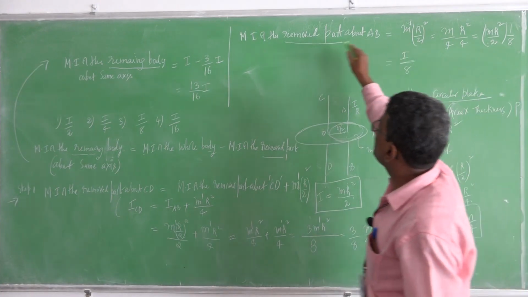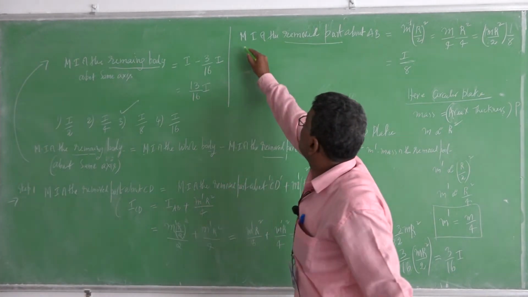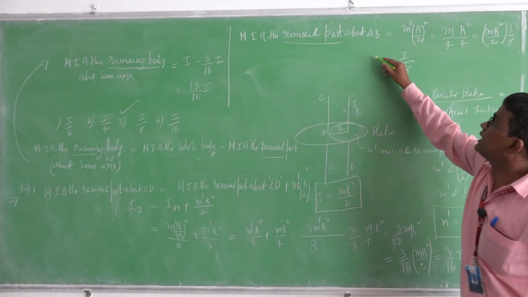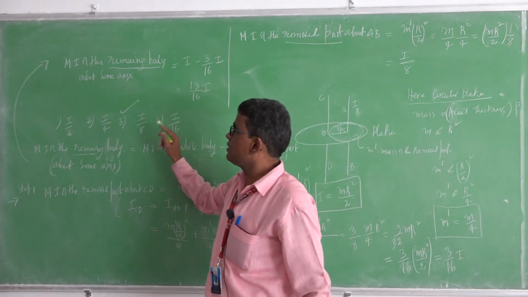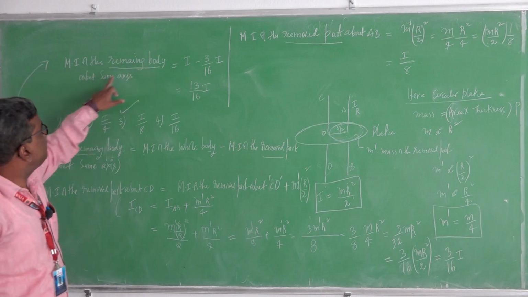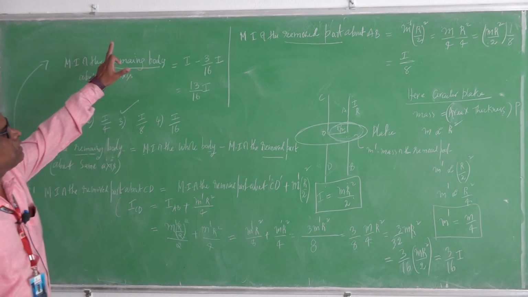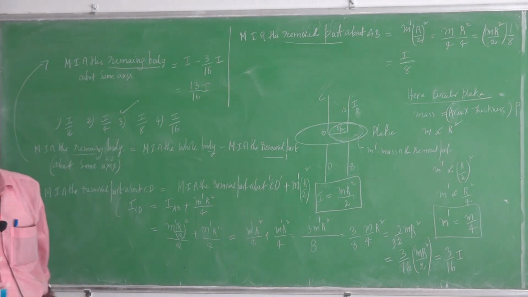If it is the removed part, you will get I by 8 as the answer. The moment of inertia of the removed part about axis AB is I by 8. But the moment of inertia of the remaining body about the same axis is 13 by 16 I. This is the procedure. Clear?